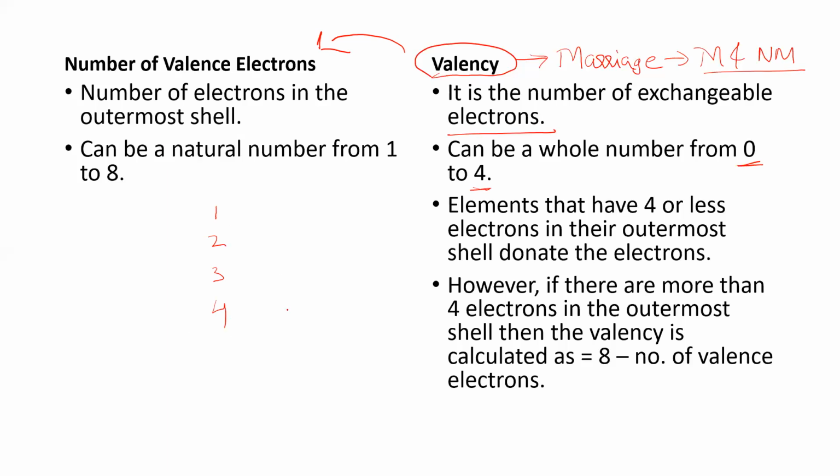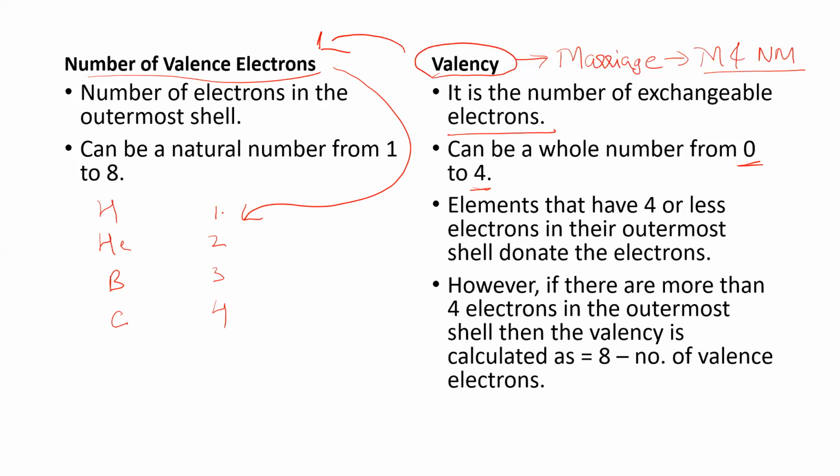Let's take for example hydrogen, helium, boron, carbon. These are the numbers of valence electrons. I'm not talking about the atomic number, I'm talking about the number of valence electrons.